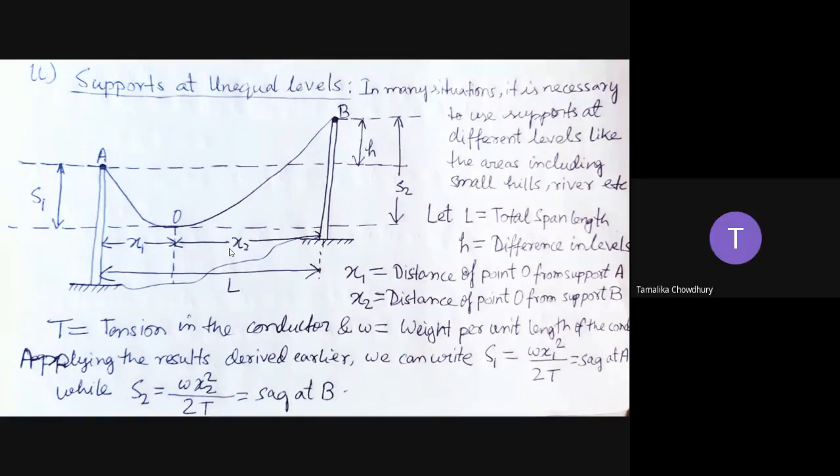So I am putting the formulas directly from the equal level support, but only the lengths are changing: x1 and x2 in place of L by 2. So if this is changing S1 and S2, I have got the calculation of sag, fine. But what else is changing?